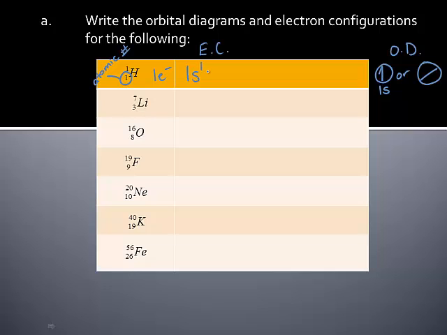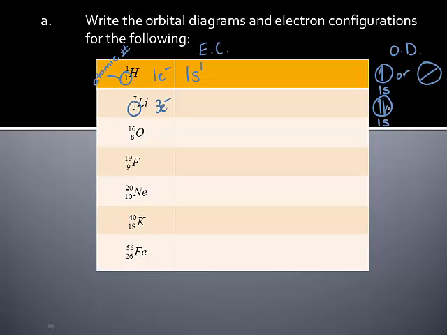Let's try lithium. Again, the first thing we need to do is figure out how many electrons it can hold. In this case, 3. We always start at the lowest position on our energy level diagram, which is our 1s orbital. In this case, like in all cases actually, that first s orbital can hold 2 electrons, one spinning up and one spinning down.